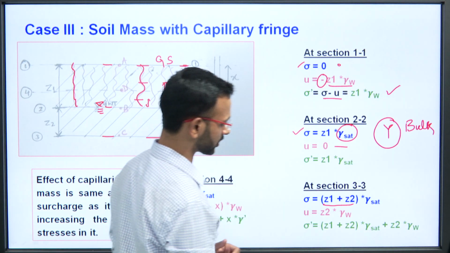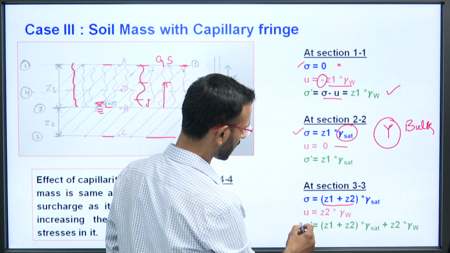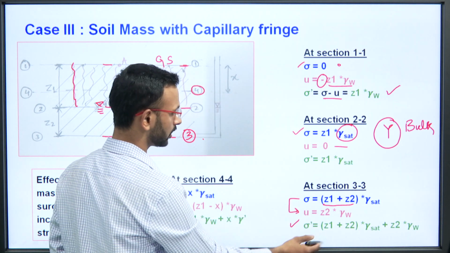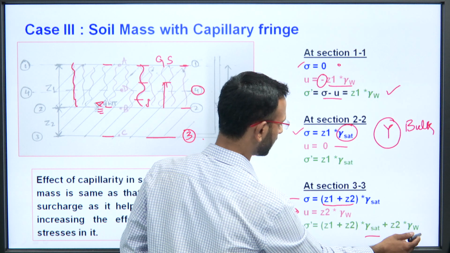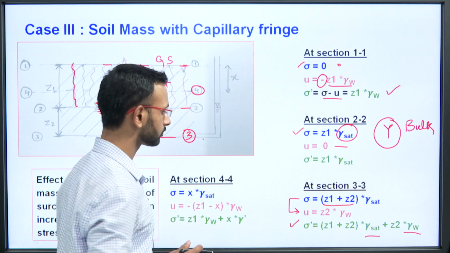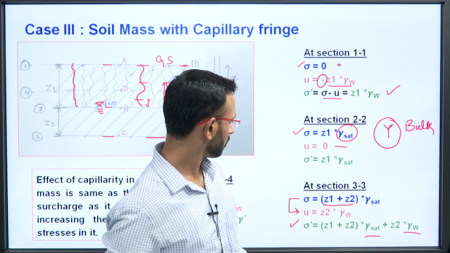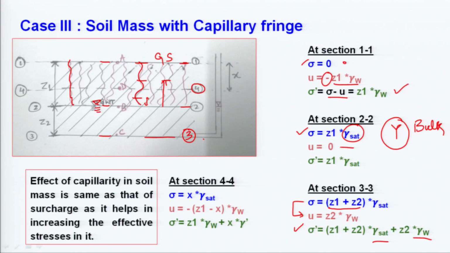So, when we talk about the effective stress, this is total stress minus the pore water pressure, and when we subtract, we get these values. It will be a minus value, minus Z2 gamma W, in the total stress minus the pore water pressure.